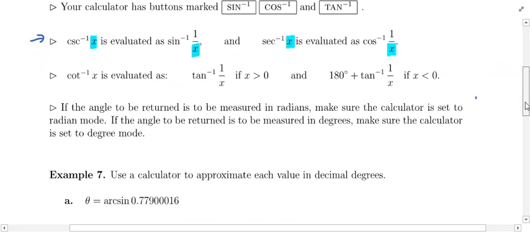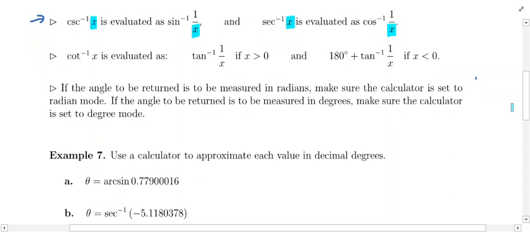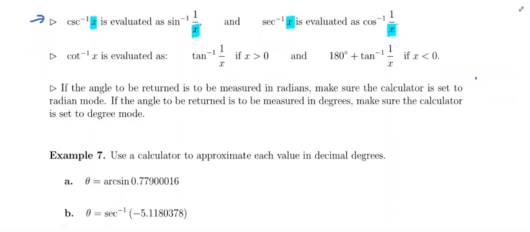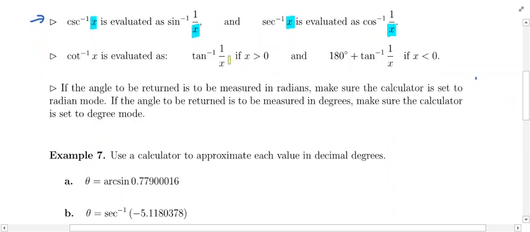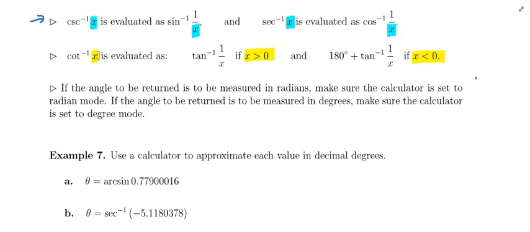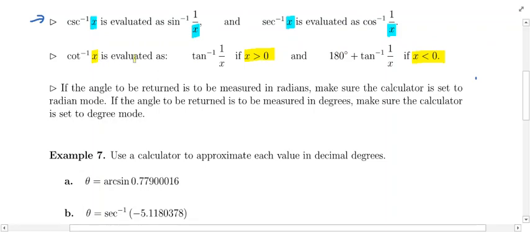Cotangent inverse is a bit strange, okay? You have to pay attention to whether or not the number you're taking the cotangent inverse of is positive or negative. You're going to do one thing if the number is positive, and a slightly different thing if you're evaluating a negative number. So if the number you're taking the cotangent inverse of is positive, that's this first case, you're going to do just what you did for cosecant and secant.